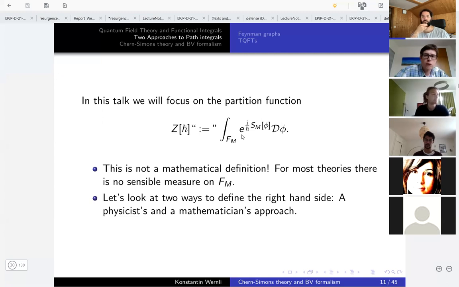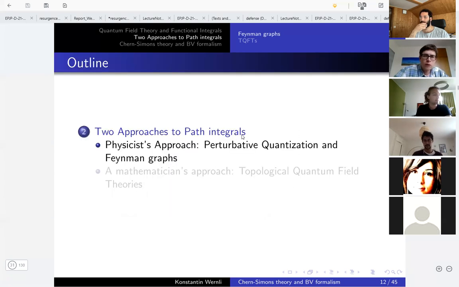There has long been a giant overlap here. Physicists have been thinking about these path integrals in terms of perturbative quantization and Feynman graphs for a long while. So let me try to explain in a couple of slides what that's all about.